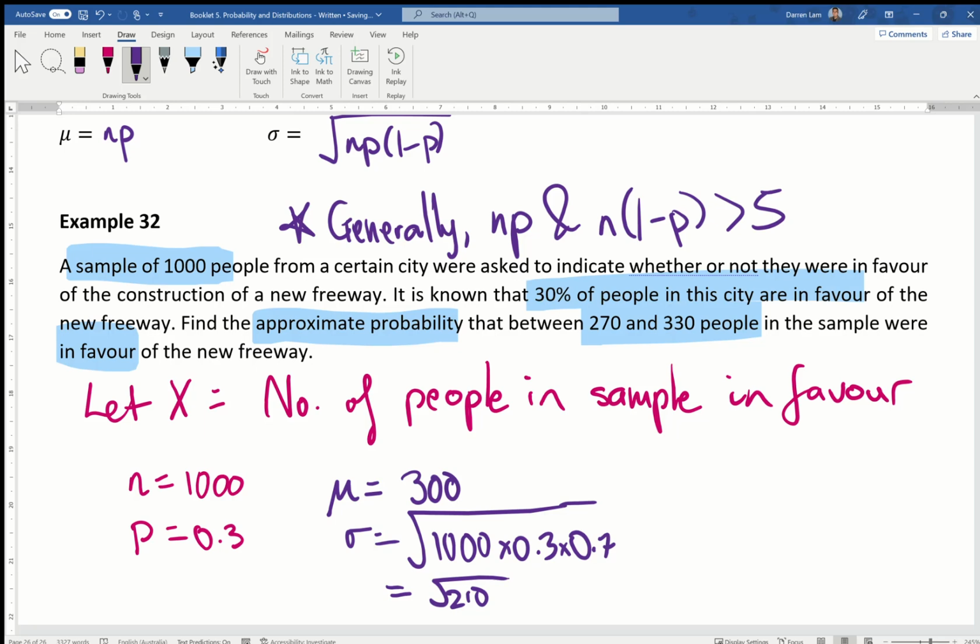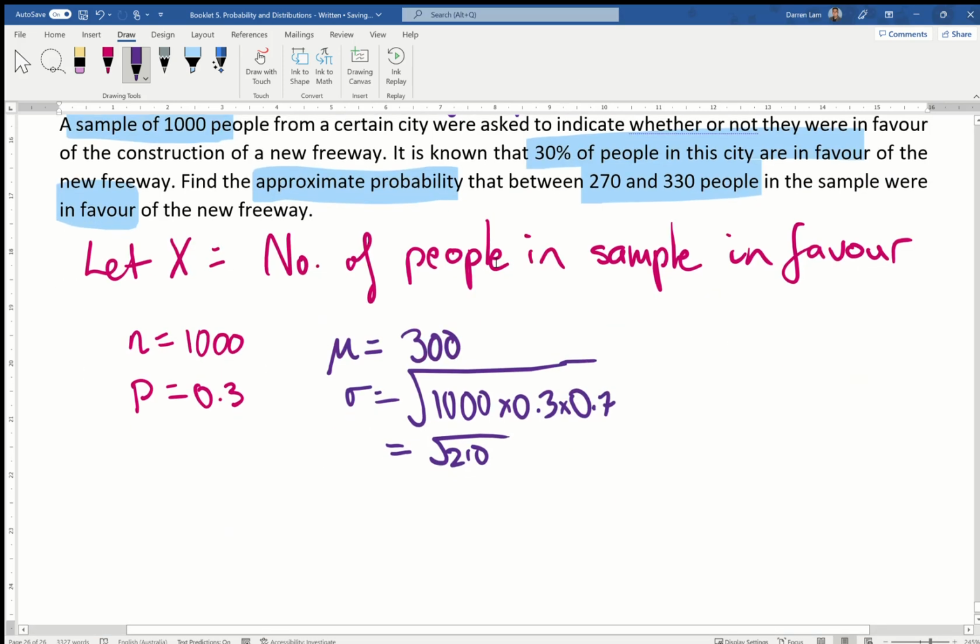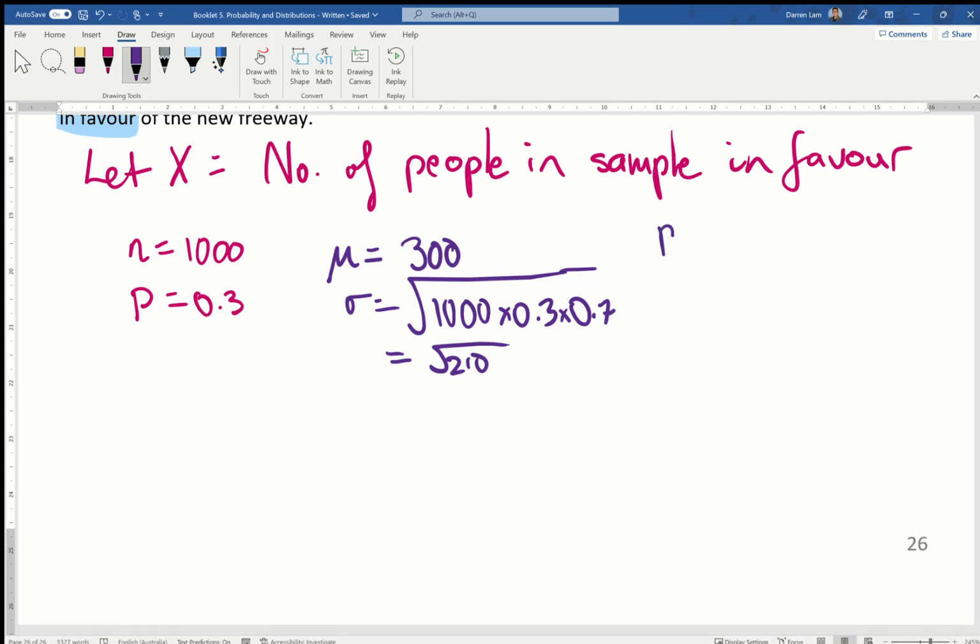Now let's approach it using normal distribution. With that in mind, I can now say that the probability of x being between 270 and 330 is about the same as the probability, and I'm going to change it into my standard normal distribution by applying the formula from the last one, which is z equals x minus mu over standard deviation.